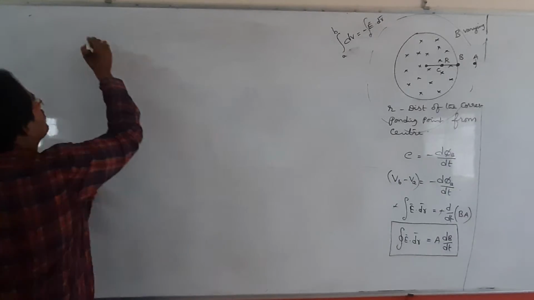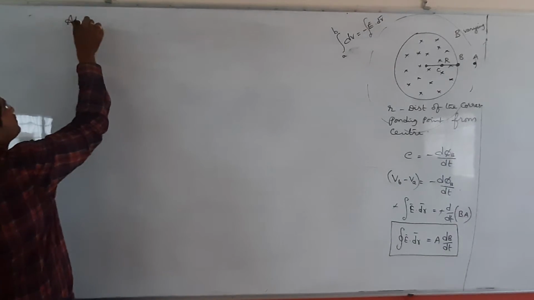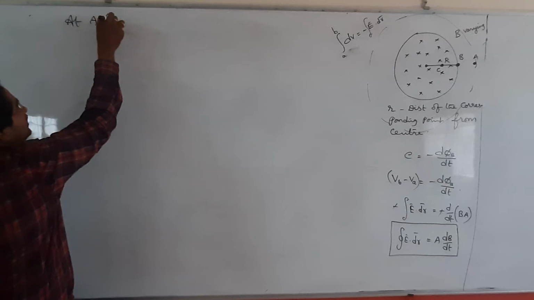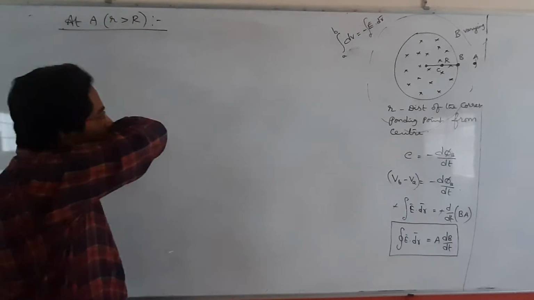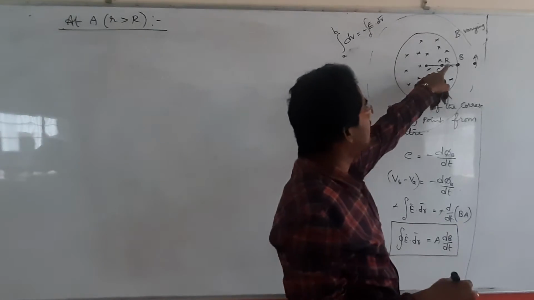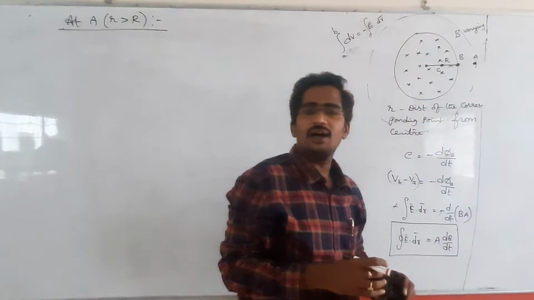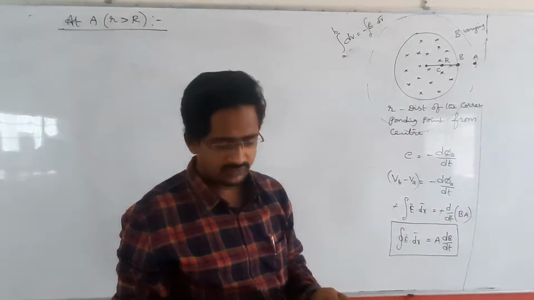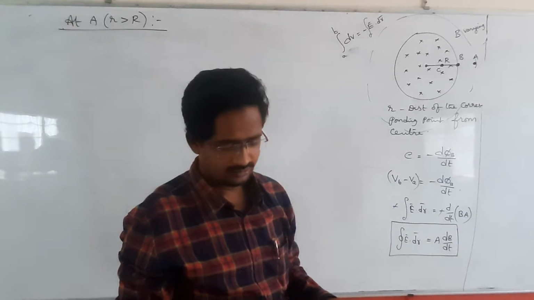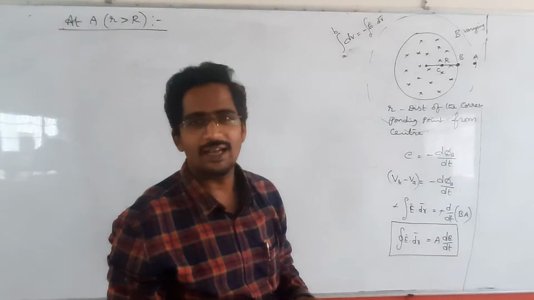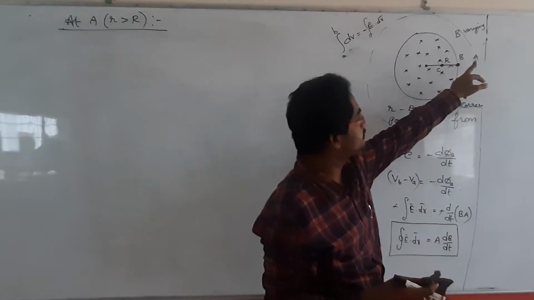See here, first at A, r is greater than R. Capital R is the radius of the field region, small r is the radius of the point. Which one is greater at A? Obviously small r, greater than capital R, because the point is outside.